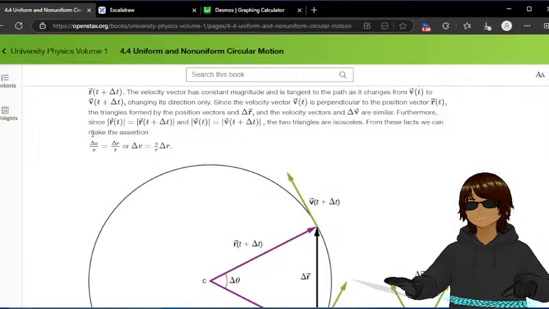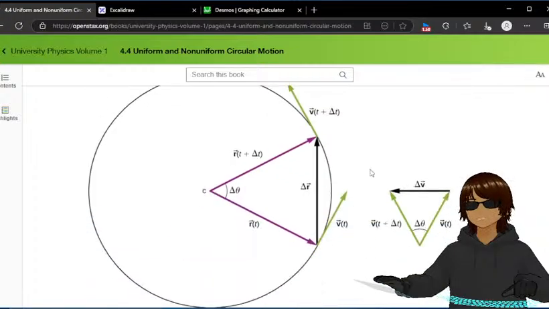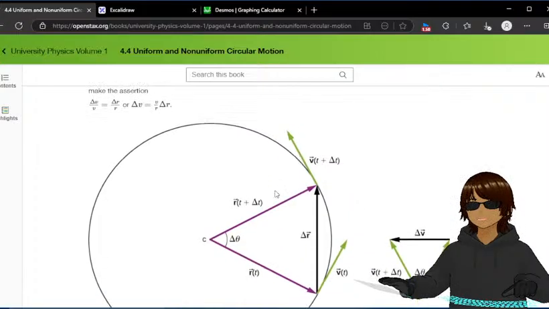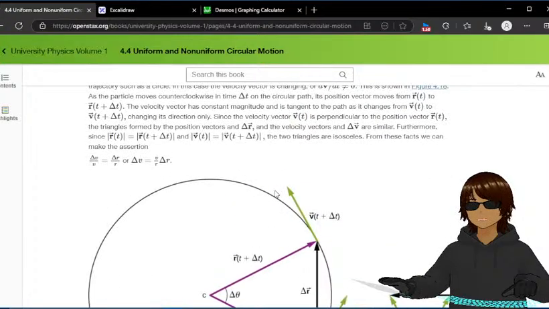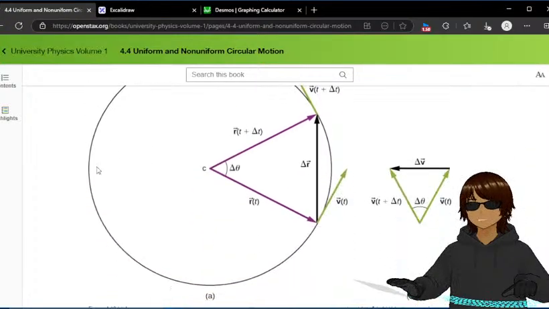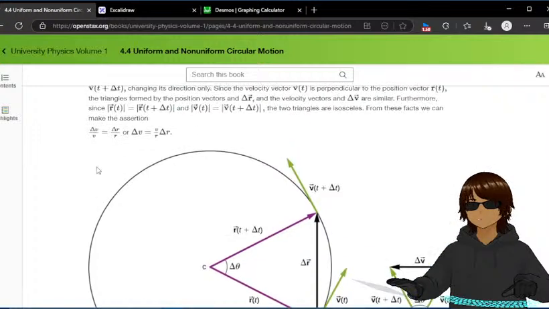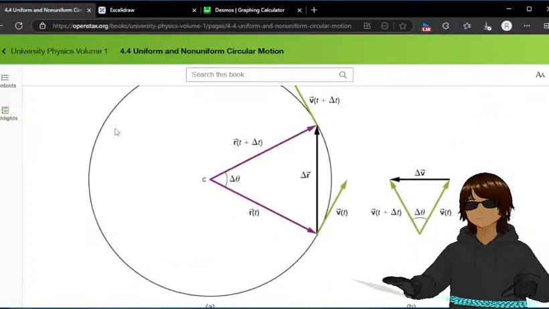From these facts, we make the assertion delta v over v is equal to delta r over r because these triangles are similar.